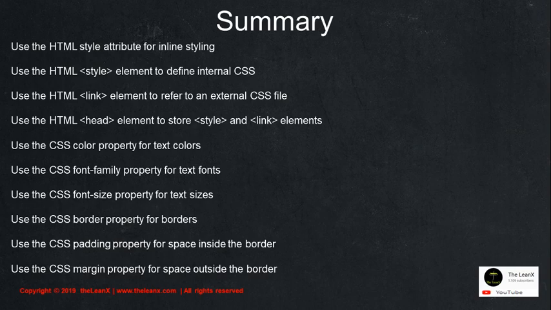If you are using a style tag or style attribute, different kinds of color and other things, you will know how it works. So this is the summary: we have discussed different kinds of style, link, head, and different properties like font size, font family, color, border, padding, margin. But yeah, a basic introduction to CSS, like inline and internal CSS. External CSS also we are going to see, but in the CSS bootcamp session.